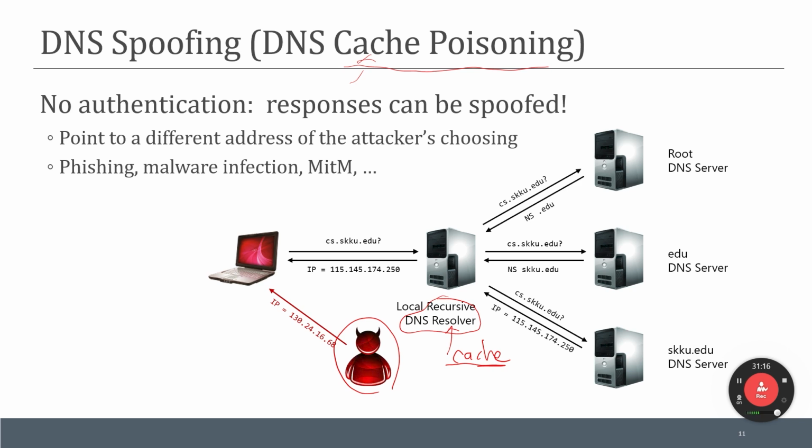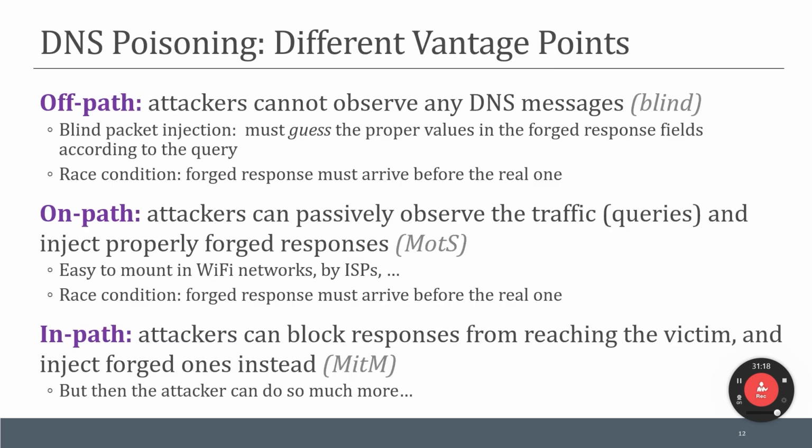So let's see how this works. To understand DNS poisoning, we should be able to figure out different vantage points. So there are three different kinds of vantage points. We already talked about on-path and in-path, right? On-path means the man on the side, whereas in-path is the man-in-the-middle attack. And off-path is a blind attack, where attackers cannot observe any DNS messages.